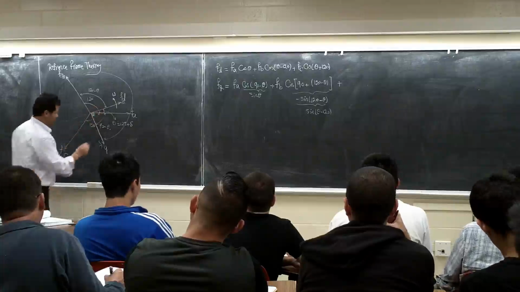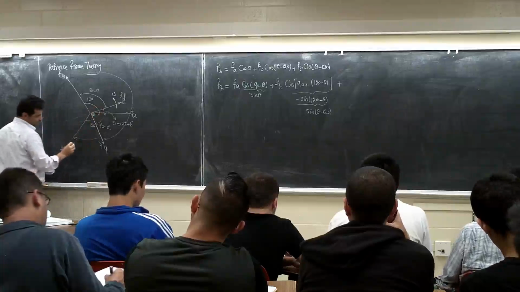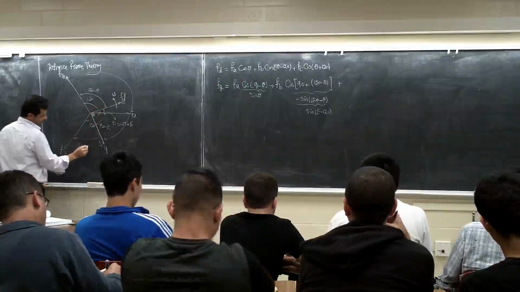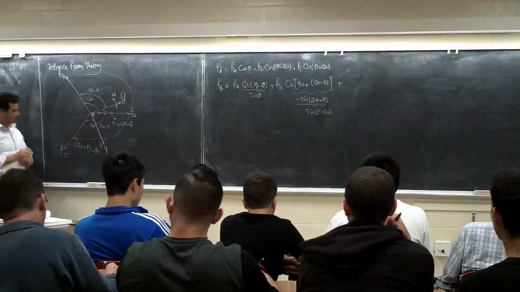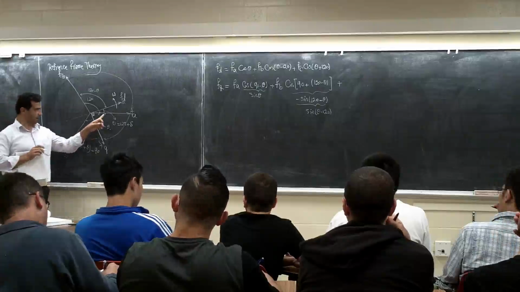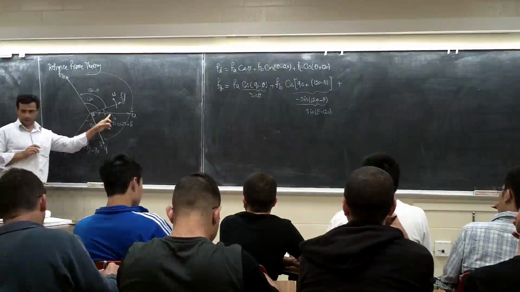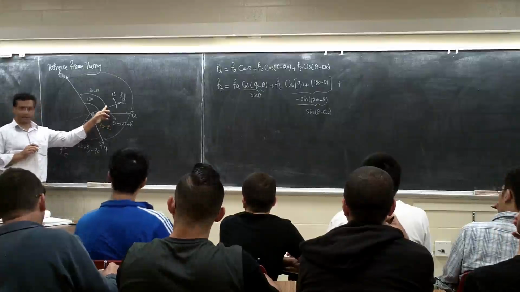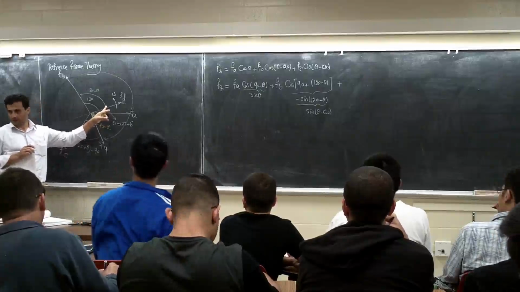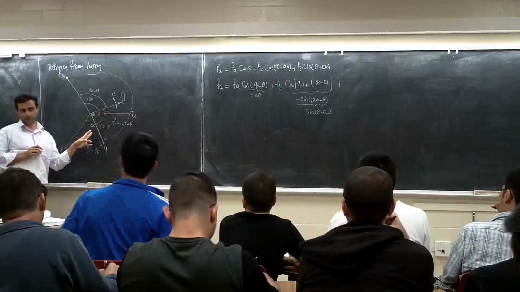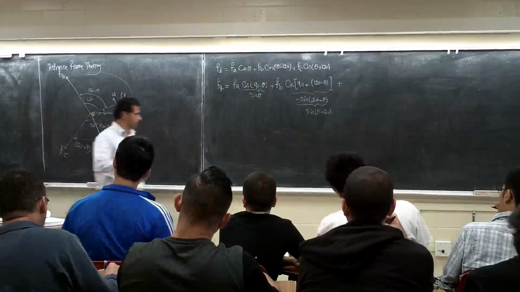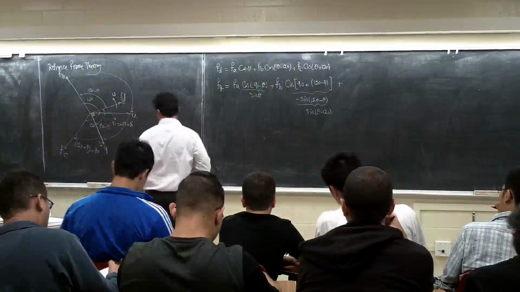So basically this one is 120 plus theta minus 90. This is 120 plus theta up to this FD, so I have to go back 90 degrees.